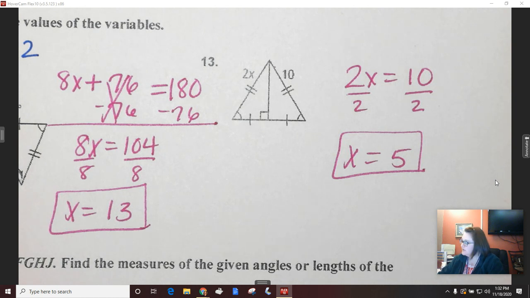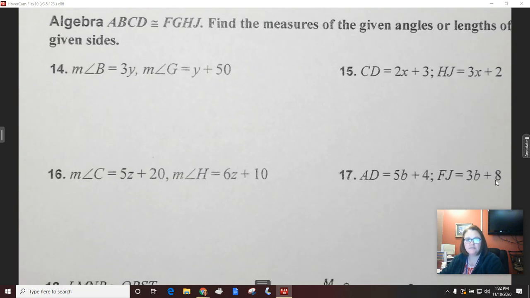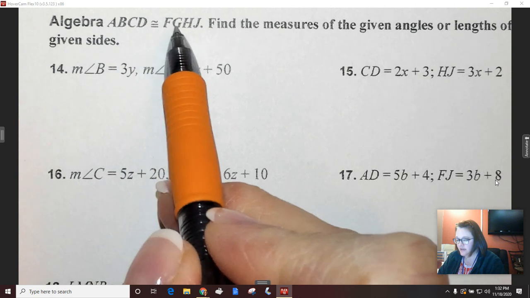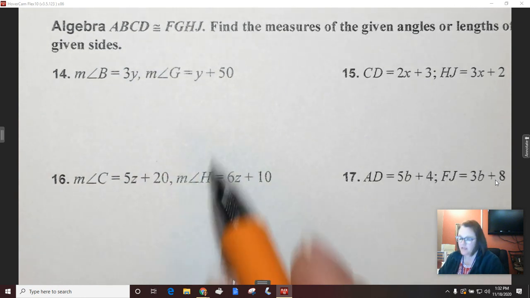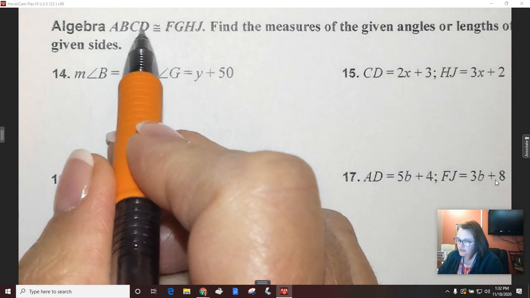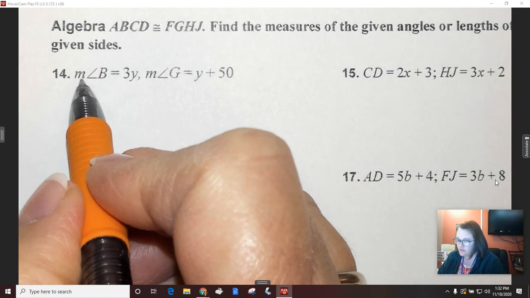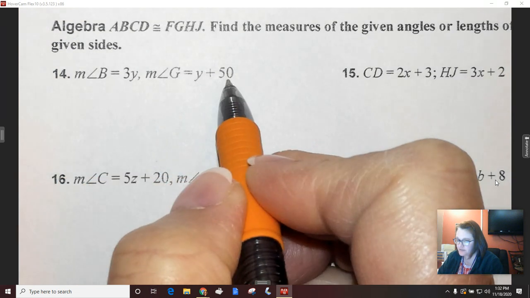Now, one other kind of problem you need to be aware of is like this, when you're not given the picture. If we don't have the picture, we need to know what the names of the figures are so we can see which angles are corresponding. These two quadrilaterals are congruent, so we have angle B is 3y, angle G is y plus 50.